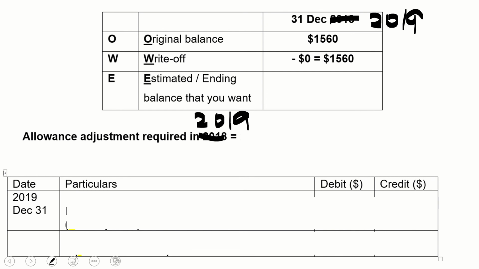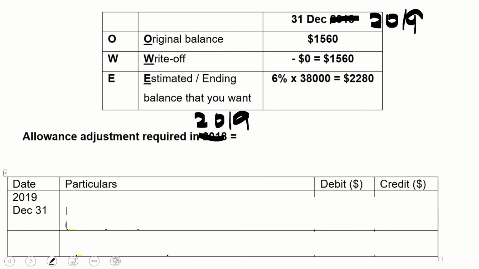The balance that I have now is 1,560. That is what I have. But that is not what I want. I want an estimated or ending balance that is 6% of my trade receivables. So if I do that calculation, I will find out that I want an ending balance of 2280.